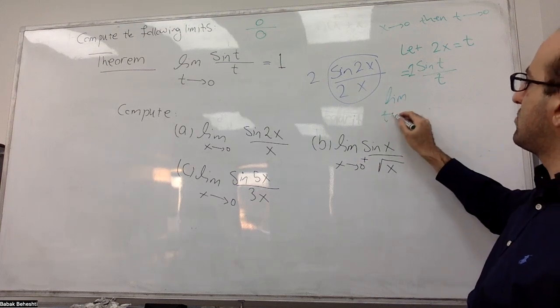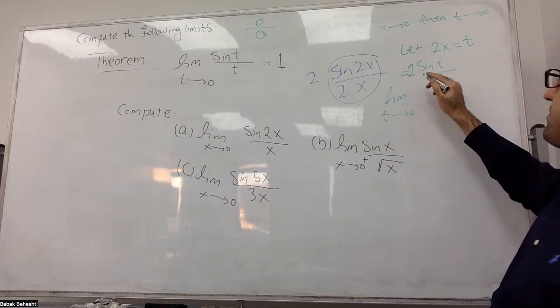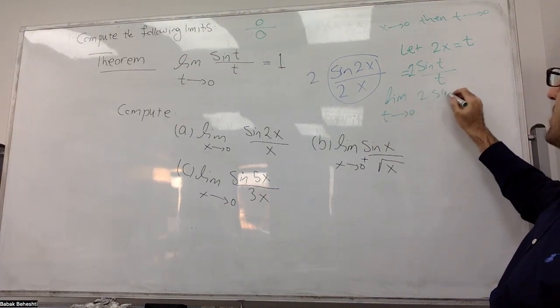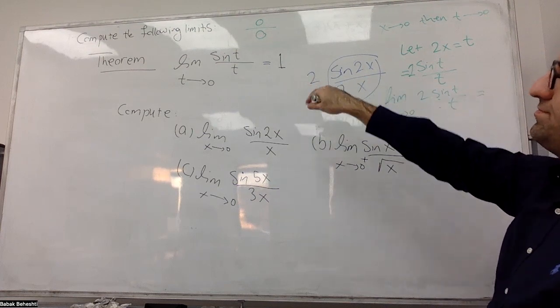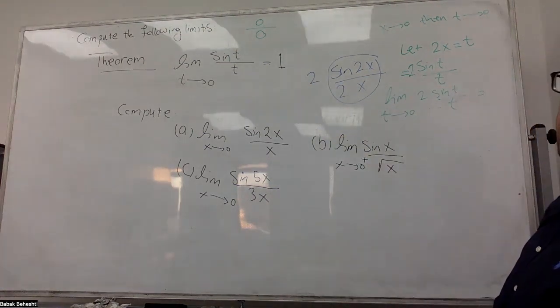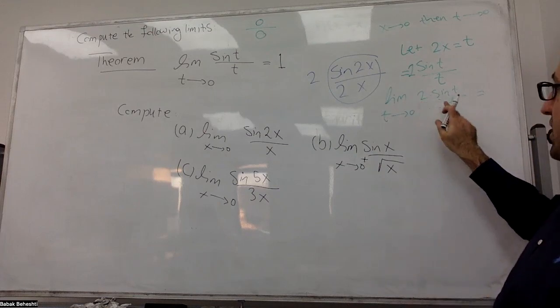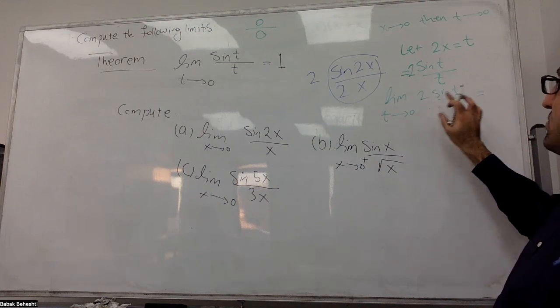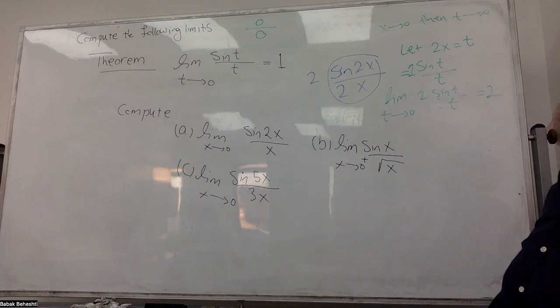So you have 2 times sine t over t, and this is equal to 2 times 1, which is 2. You just take the value from the numerator.